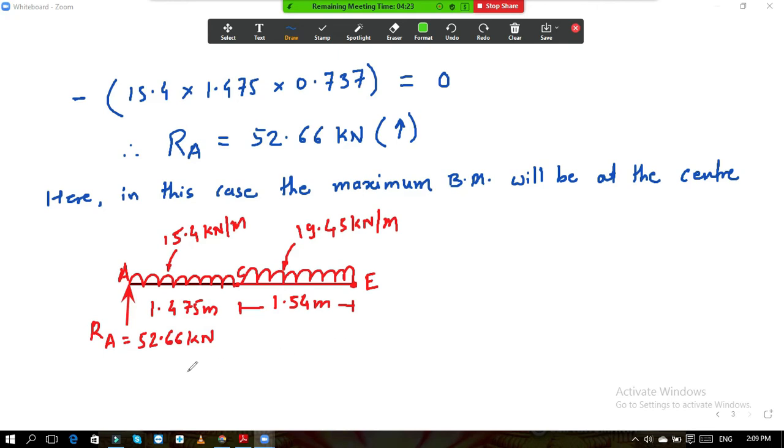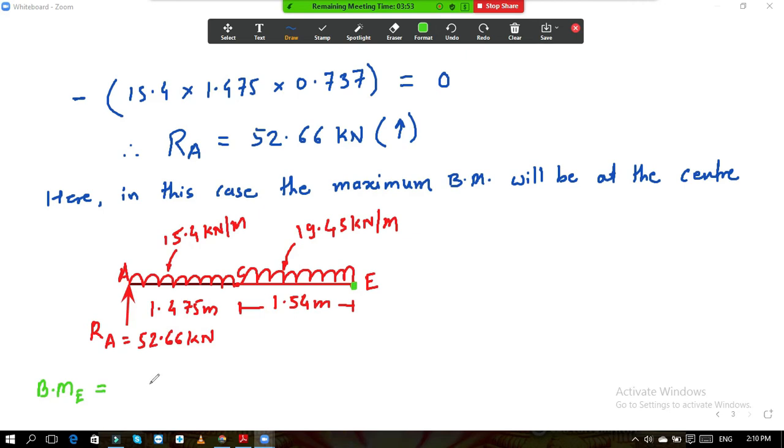Now, bending moment at E point, here at this point. So I will write over here bending moment at E is equal to, if we consider left hand side, first is Ra. If the force and reaction is moving upward, then it is positive. If the force and reaction is moving downward, then it is negative. There is no externally applied moment acting over here.